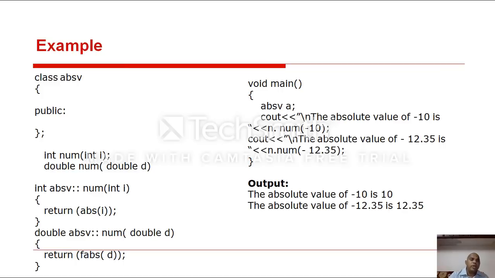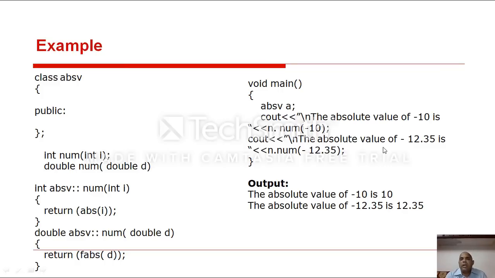Next one, this is an example program for function overloading. All of you. Then here num of integer I, num of double D. The function names are the same, but the data types are different. So come here. This is a variable of the ABSV class, an object of the ABSV class. Then the absolute value of 10 is n dot num of 10.